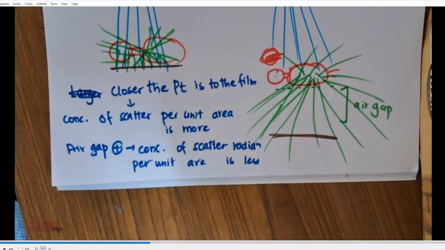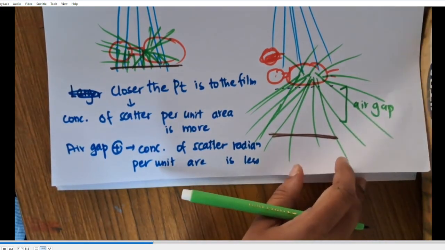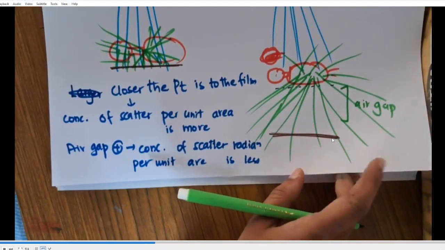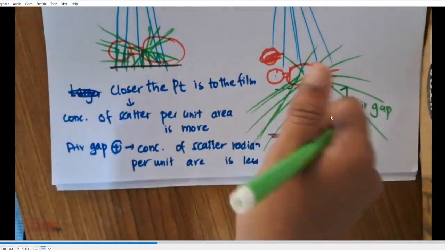Here you can see a film. If the film is close enough, all these scattered photons will affect the film. Whereas if the film is farther away from the patient, then these scattered photons miss the film. This is important.